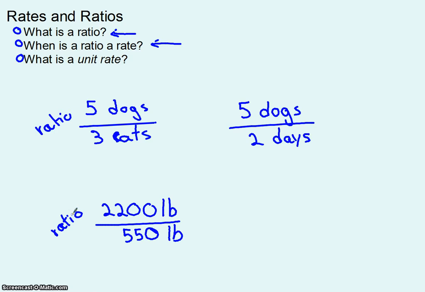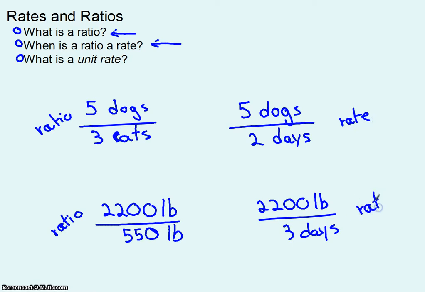But when I compare dogs to days, or maybe I say 2,200 pounds per 3 days, I'm no longer comparing things that are the same units. So we would call these a rate. The distinction is a ratio is a rate when you're comparing numbers of different units.